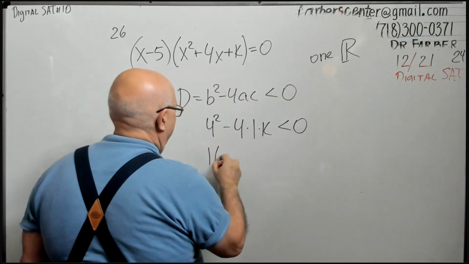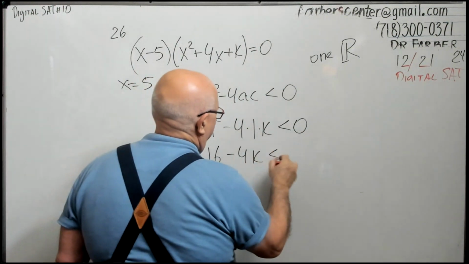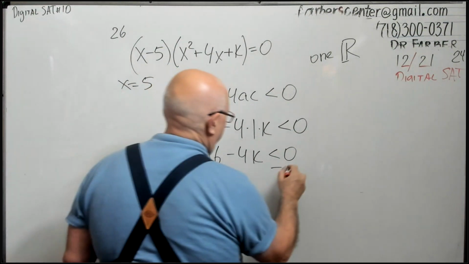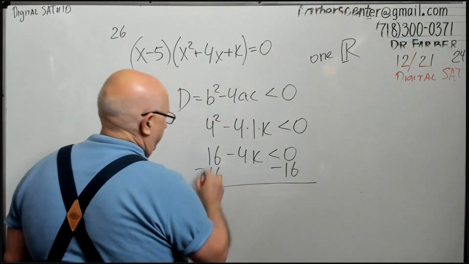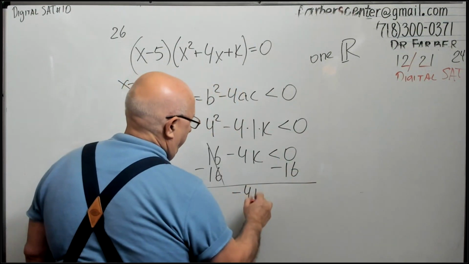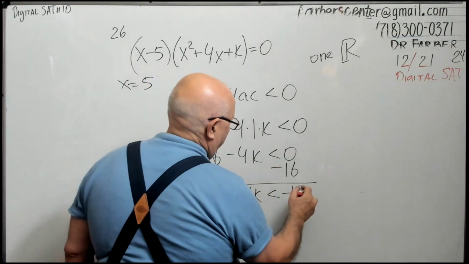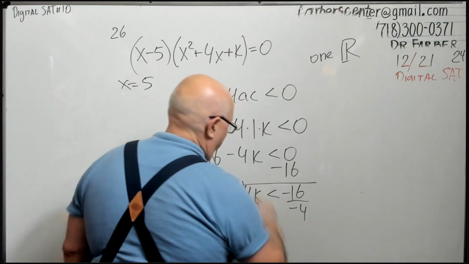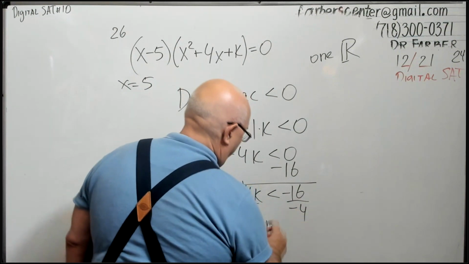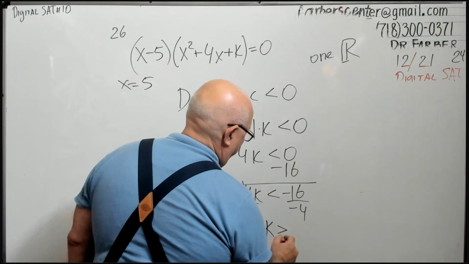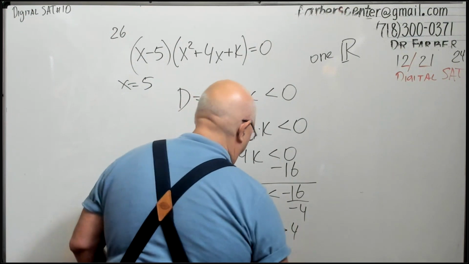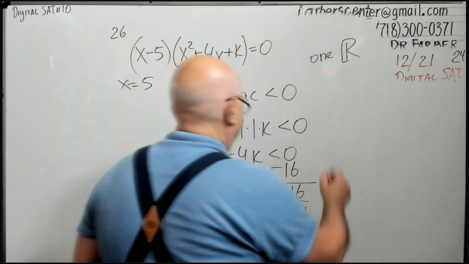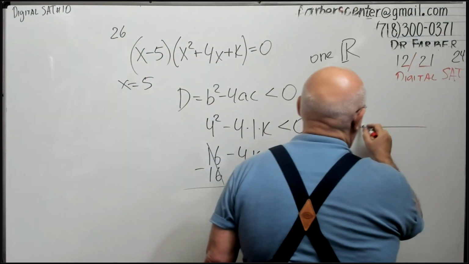Or 16 minus 4k is less than 0. Minus 16 and minus 16, negative 4k is less than negative 16. Divide by negative 4, and don't forget to change the sign of the inequality: k is greater than 4.